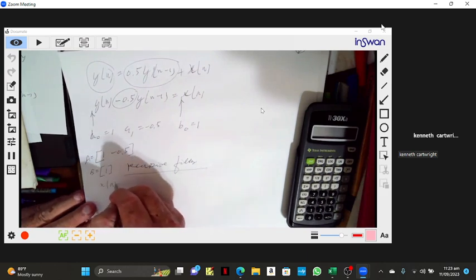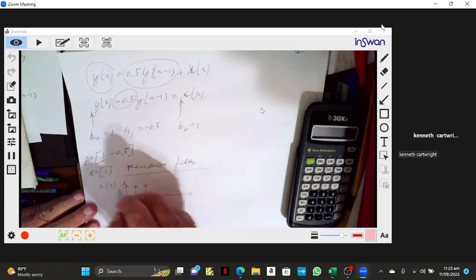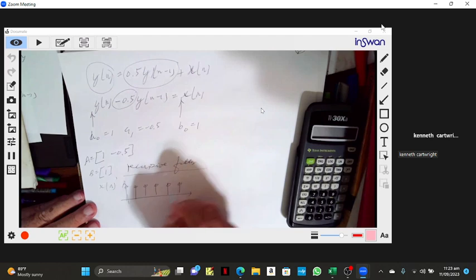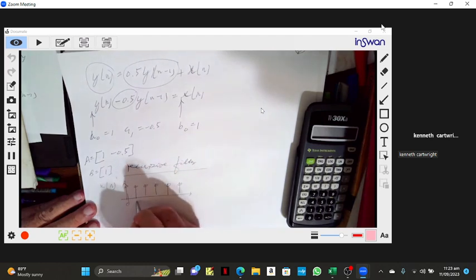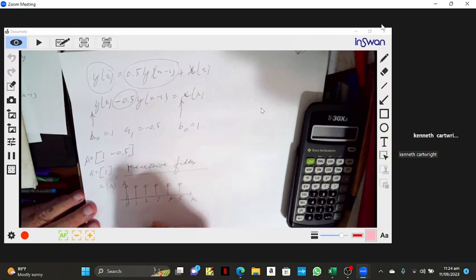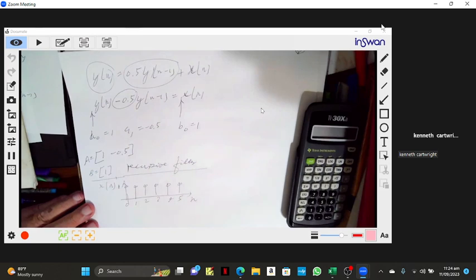Now I'm going to make my x of n this function. Here's my input. What's the equation for x of n?